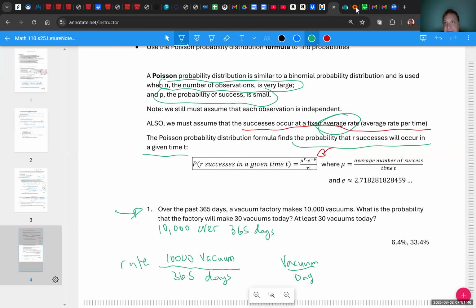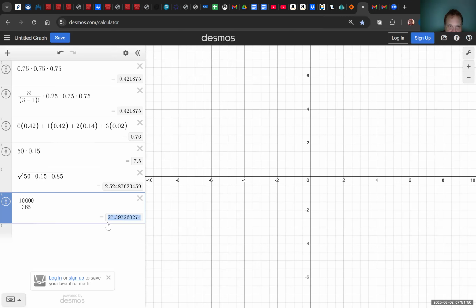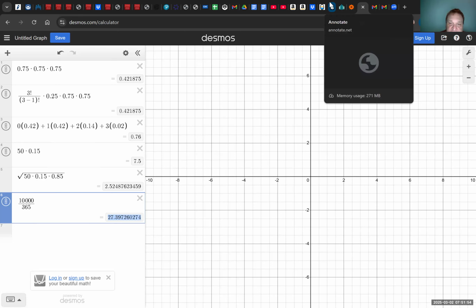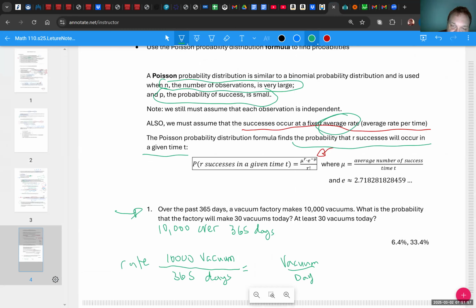Now I'm supposed to write it down and I instantly forget what the number is. 27.397. That would be the average number of vacuums per day that this particular factory makes.